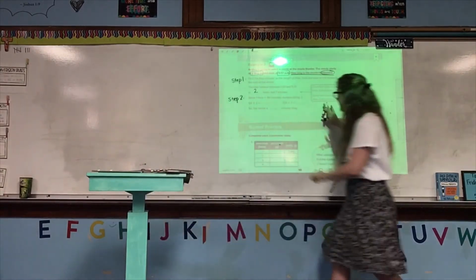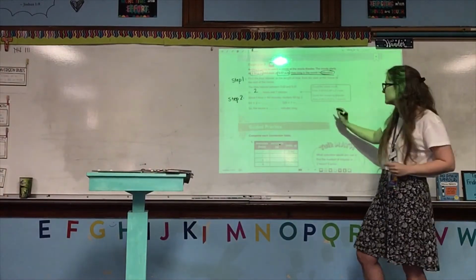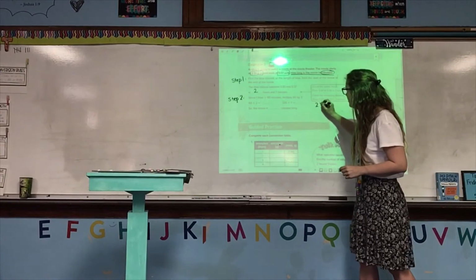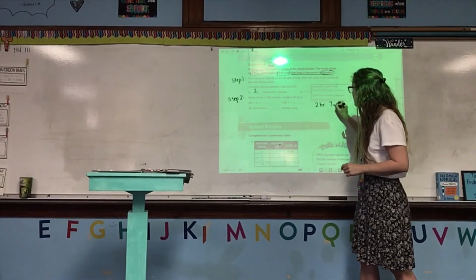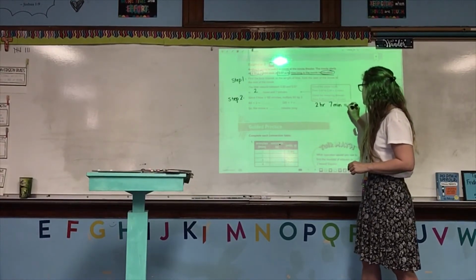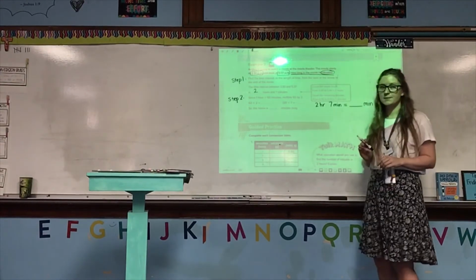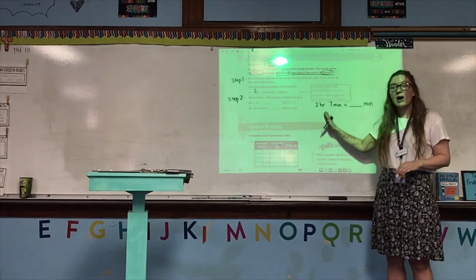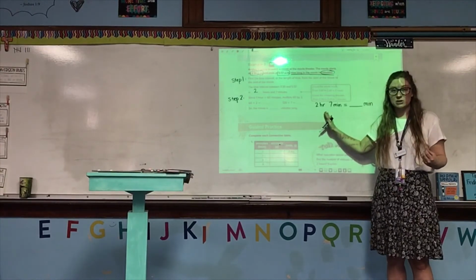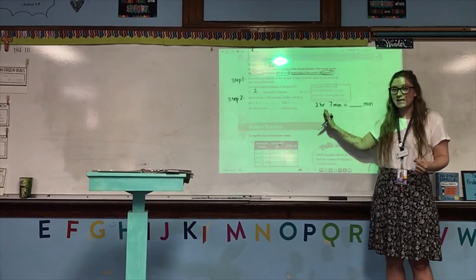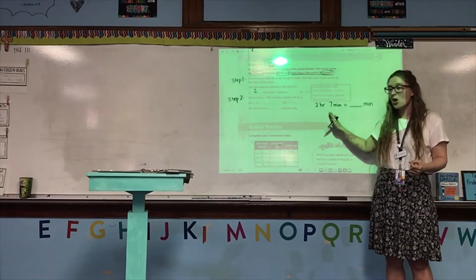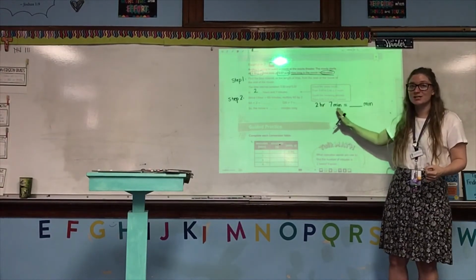So, let's go over here and set it up like the problems we're going to see. 2 hours and 7 minutes equals how many minutes? This problem is a lot like those fraction problems, except instead of breaking it into the whole and the fraction, we're breaking it into the hours and the minutes.